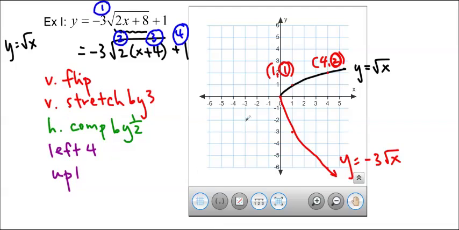Then I'm going to do my horizontal compression. So all of these red points, because we always do the next step with our newest graph, all of these y values are going to stay the same, so it's going to be left to right movement, and I'm going to compress the x values. So this one is at 1, negative 3, so I'm going to multiply 1 by 1/2. So this becomes 1/2, negative 3 right here.